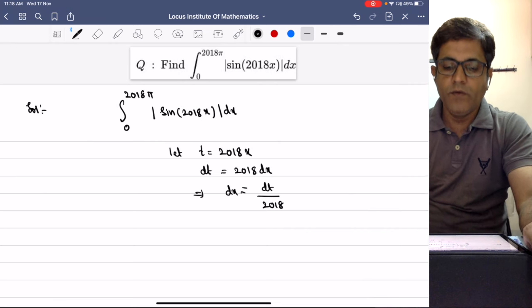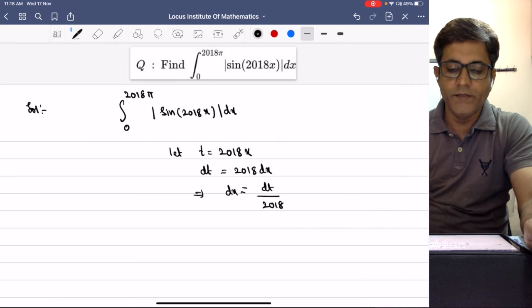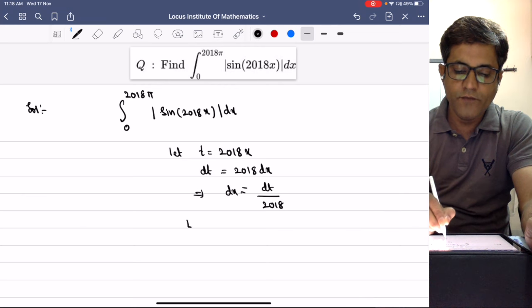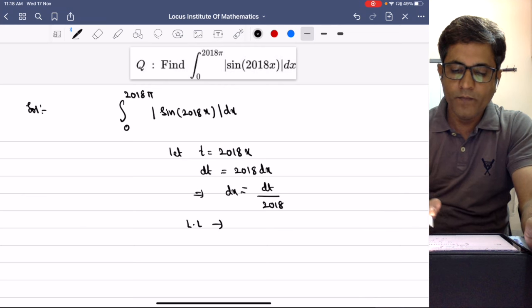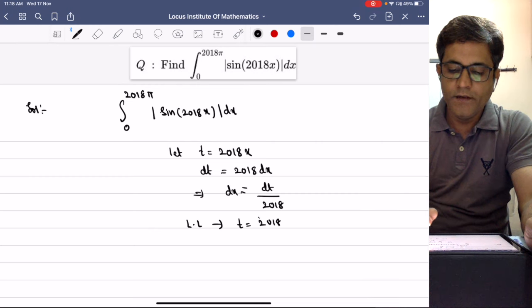We changed the variable, therefore we will change the limits. The lower limit will be t equals 2018 times 0, which implies t is equal to 0.